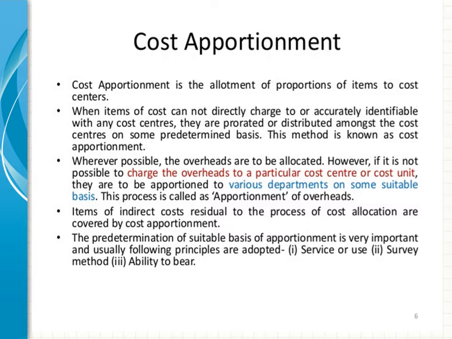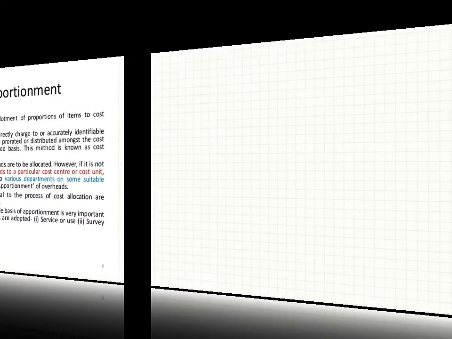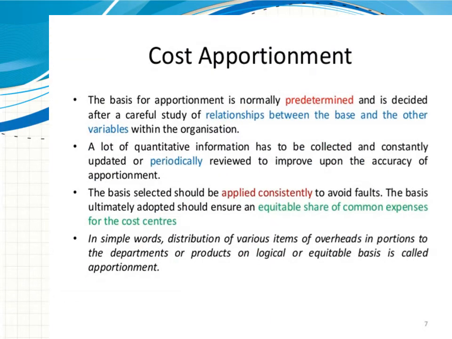This is the equitable or suitable basis which is identified, and on that basis the cost apportionment has to be done, on the basis of a predetermined relationship between the base and other variables within the organization.